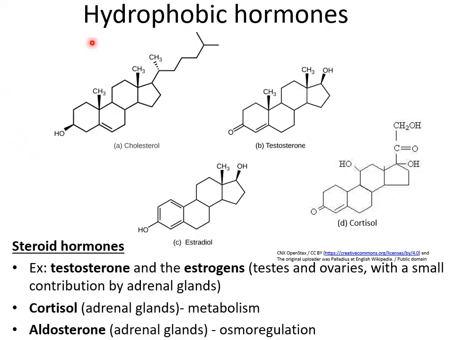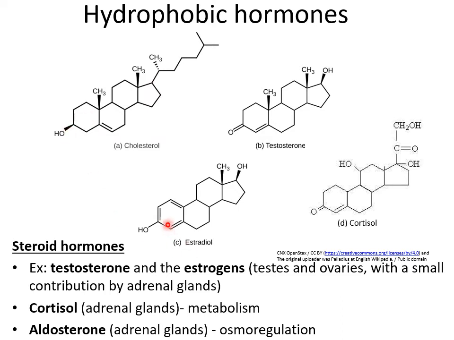So here are some examples of hydrophobic hormones, and this is the parent molecule they're derived from. This is cholesterol. Cholesterol, without even staring at the details, the minutia of the molecule, it's very obvious what cholesterol is because it has these four rings, these three hexagonal rings and this one five-sided figure off on the end.